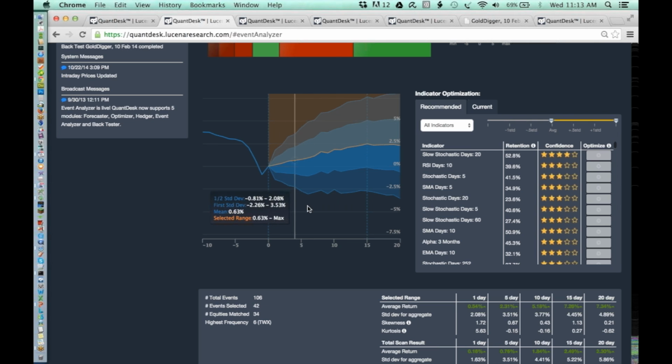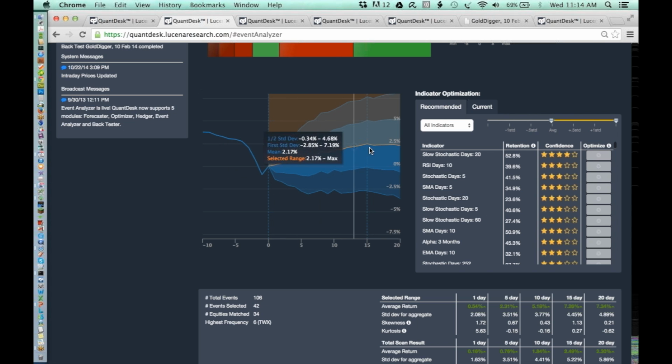We can see what happens on average to prices after that event. So remember, we were looking for instances where the stock hit a Bollinger Bottom, but also one of the criteria was that it was moving up. So you can see on average, our prices are going down. They hit that Bollinger Bottom, and then they begin to tick up. Well, what happens in the subsequent days?